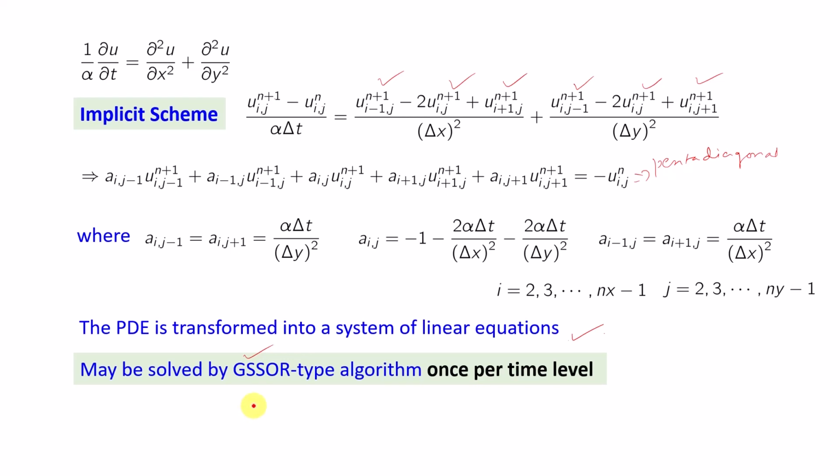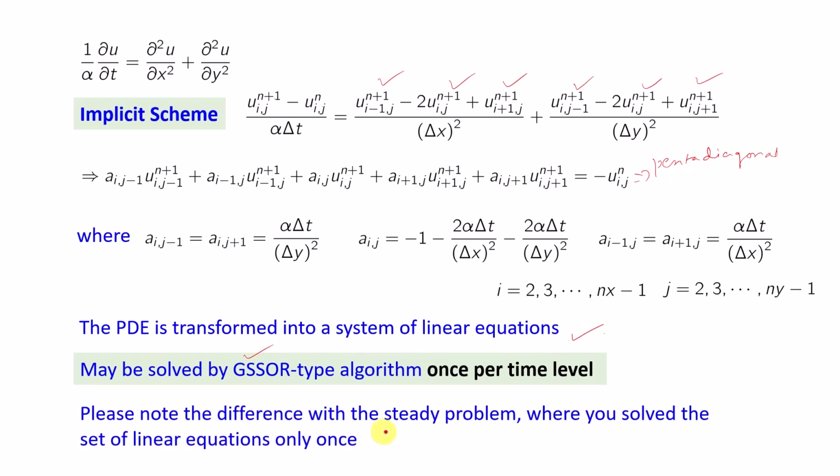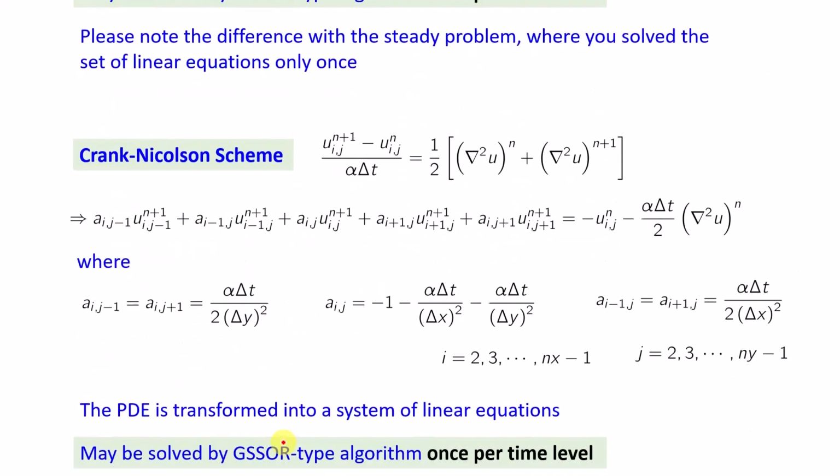It will take a long time on a computer depending on the problem that you are solving, especially the boundary conditions or source terms. So this is fundamentally the difference with the steady problem, where you solved the linear equation only once, but now you have to solve every time.